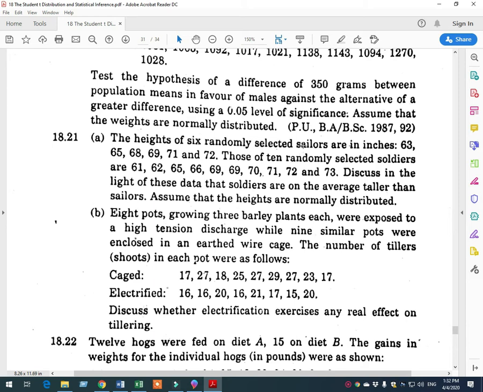The 6 sailors have been taken for their height, and now the 10 soldiers have been taken for their heights, in inches: 61, 62, 65, 66, 69, 69 again, 70, 71, 72 and 73. Now the question is: discuss in the light of this data whether the soldiers are on the average taller than the sailors.